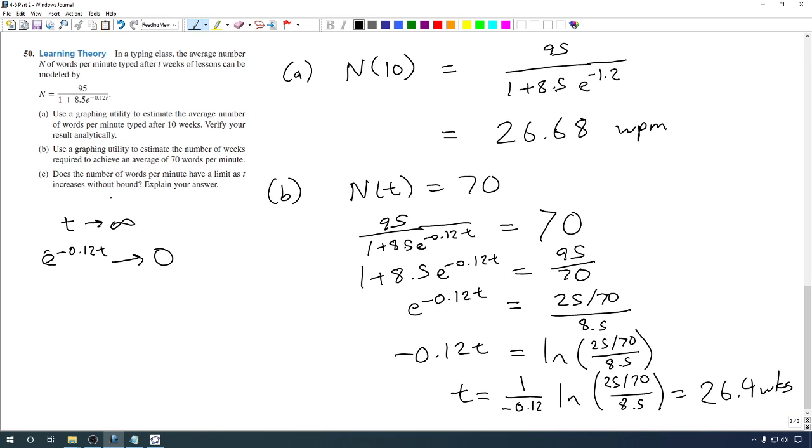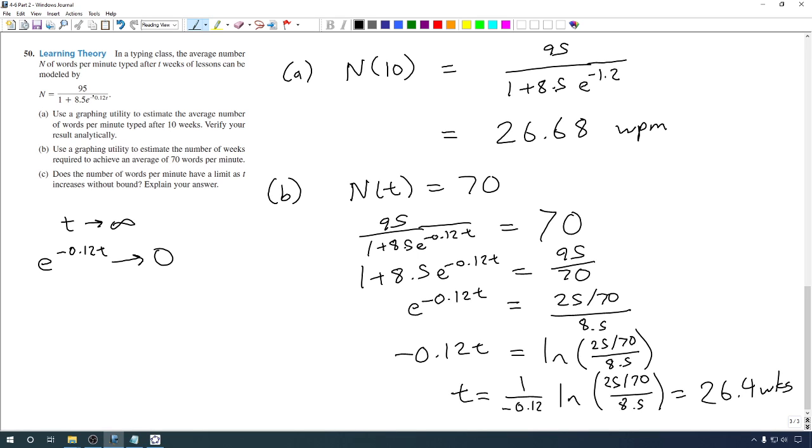Remember, the exponential function approaches a horizontal asymptote of 0 as what's in it goes to negative infinity. And that's what's happening when t is going to infinity. This negative means that we're going to negative infinity in the exponent, and e to that is going to 0.